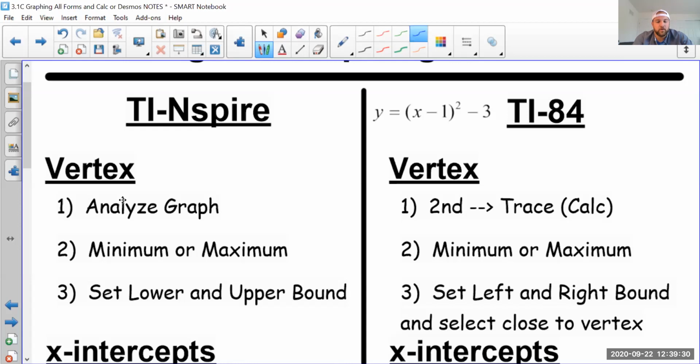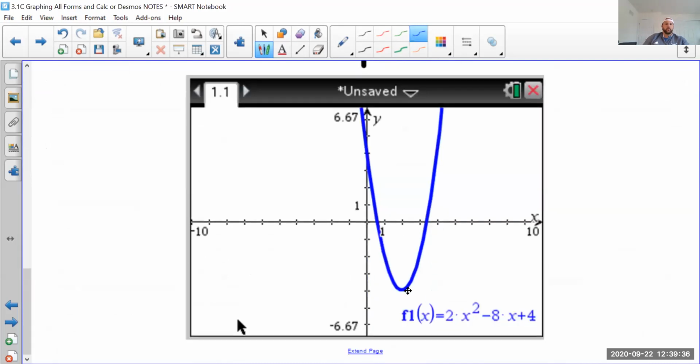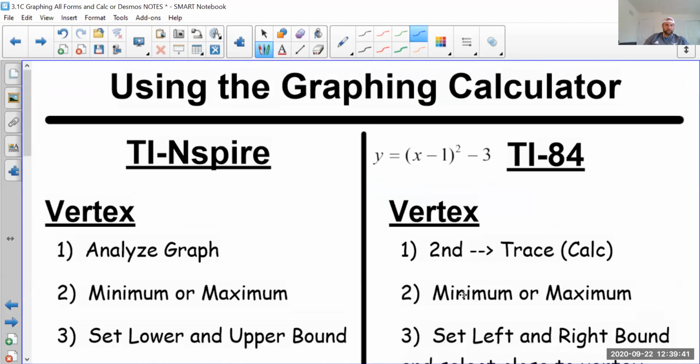And then once you get there, you'll go to the minimum or maximum, whichever one you're looking for. Remember, if our graph is opening up, then our vertex is the minimum. If our graph is opening down, then our vertex is the maximum. So in this case here, you're looking for the minimum. So you go to minimum.